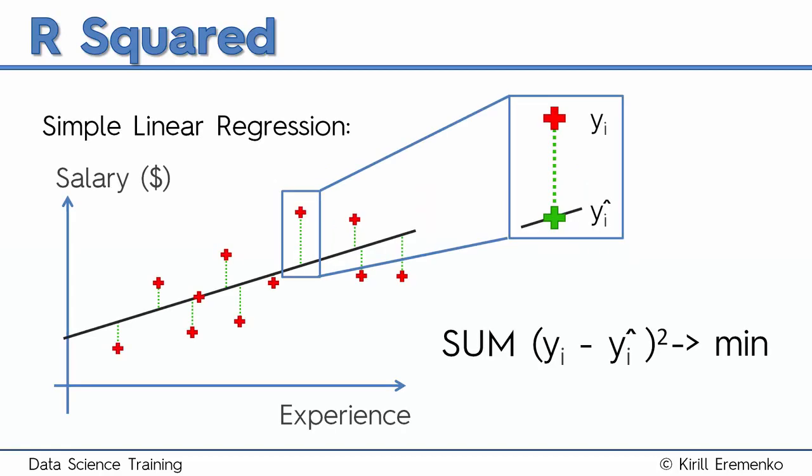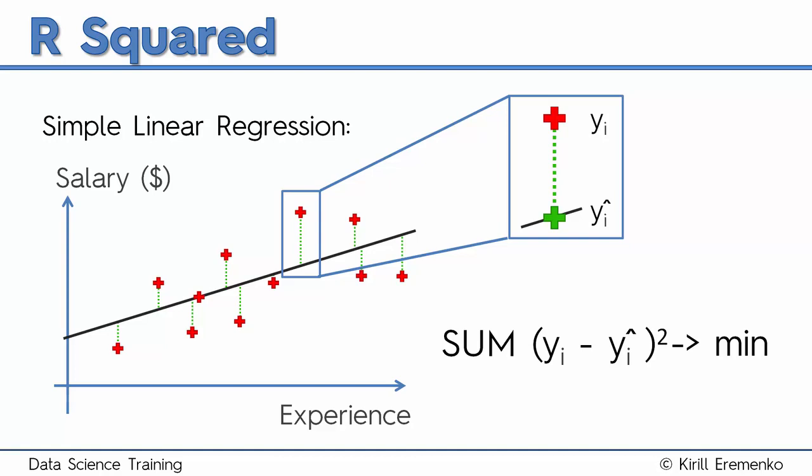Last time we stopped over here, we talked about the simple linear regression being constructed through the ordinary least squares method, where we're minimizing the sum of squares of those differences, yi minus yi hat. Basically, we are looking at what the model is predicting and what is actually happening at a certain level of experience, or at a certain level for the independent variable.